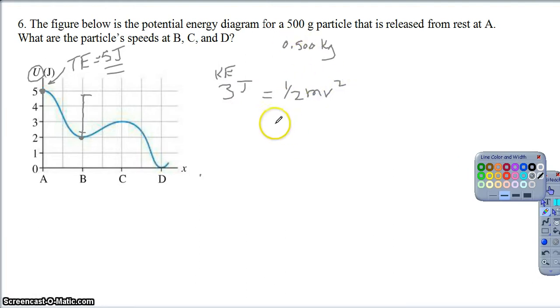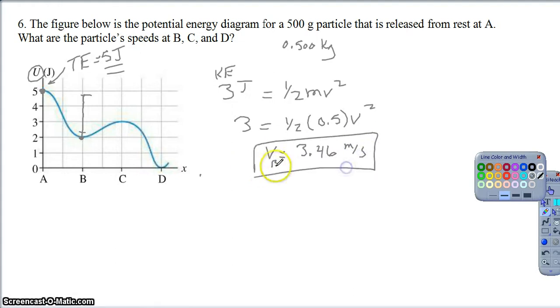They gave me the mass for that reason. So I've got 3 joules equals 1/2 times 0.5 times v squared, and I solve for v. I get about 3.46 once I round that off. So the velocity at point B is 3.46 meters per second squared.